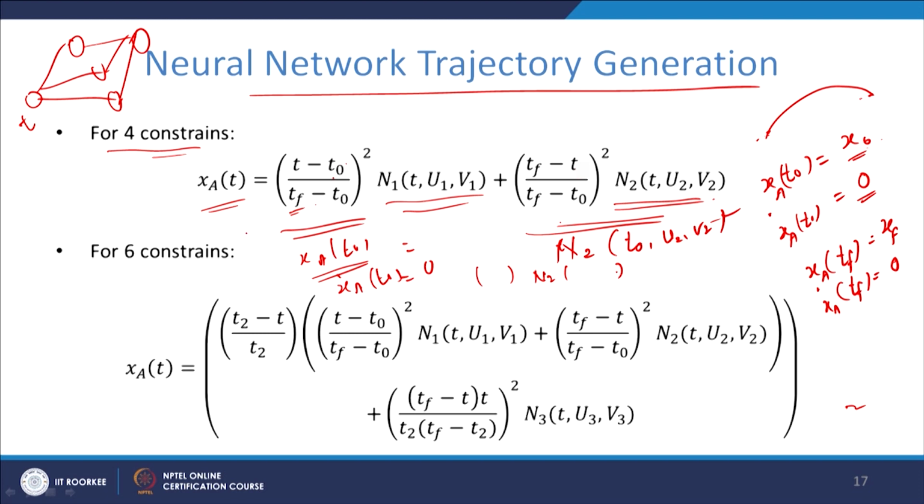So, using these two conditions as output, we should train the neural network N1 for finding the weights U1 and V1. Once we find U1, V1, U2, V2 using the iterative methods, we substitute, and we get the entire trajectory for all values of t.